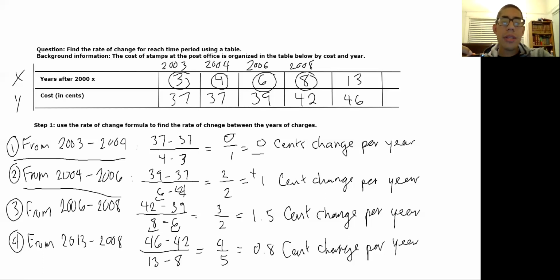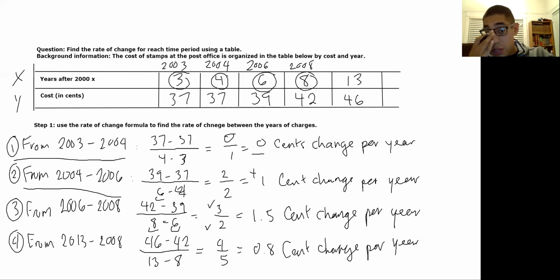Now the Y value is 42 this time, minus 39, which gives me 3. That gives me this top part right here. And the bottom, 8 minus 6 is 2. And I have 3/2. If I divide in the calculator 3 divided by 2, I end up with 1.5. That means that from 2006 to 2008, instead of going up by 1 penny every year, it went up by 1.5 pennies, right?